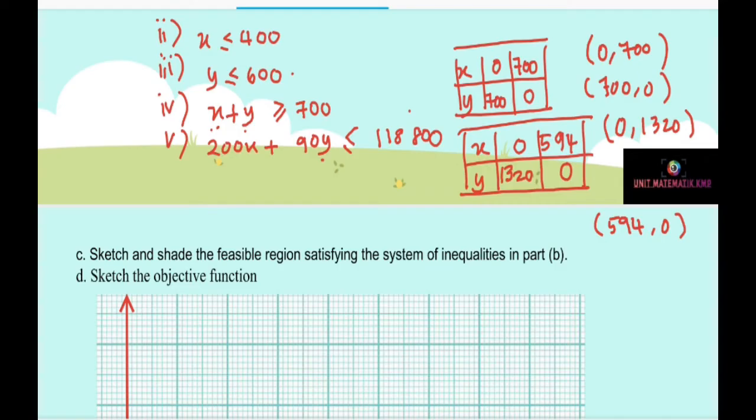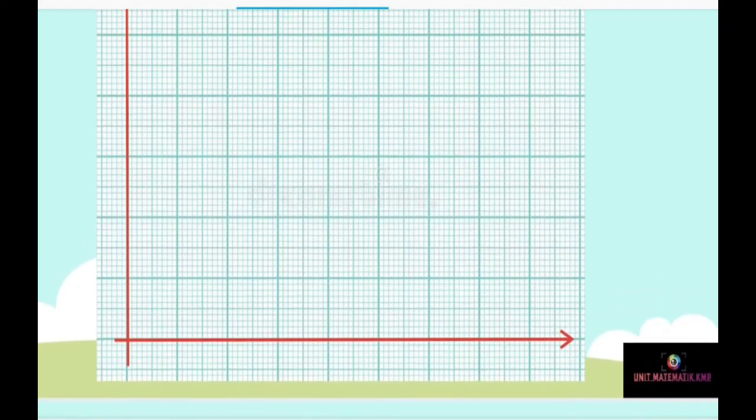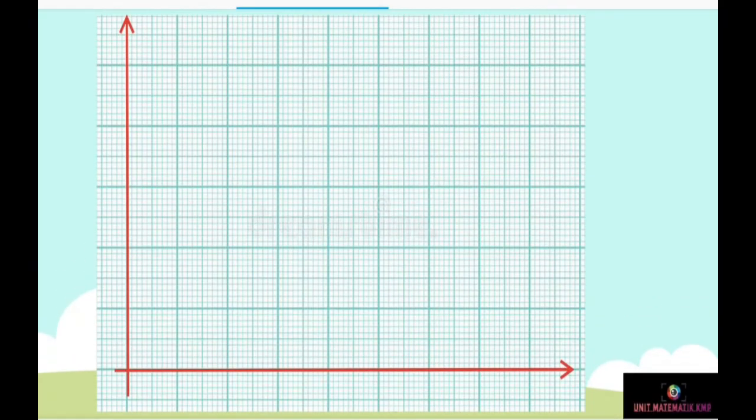The highest value of x is 700, and the highest value of y is 1320, which is around 1000. So we need to decide what units to use on this graph paper.